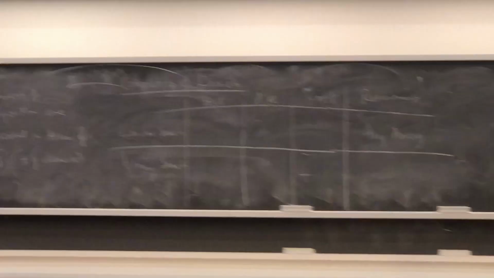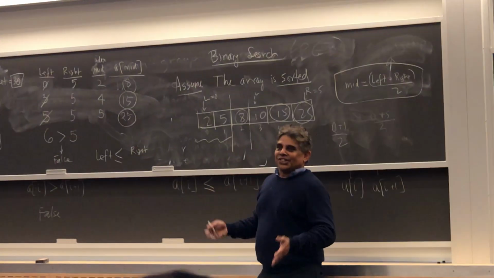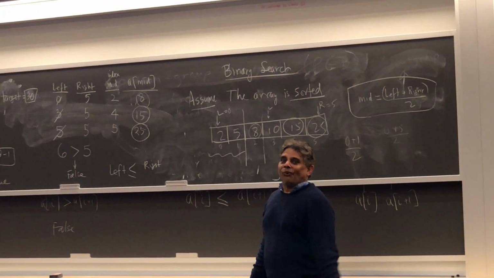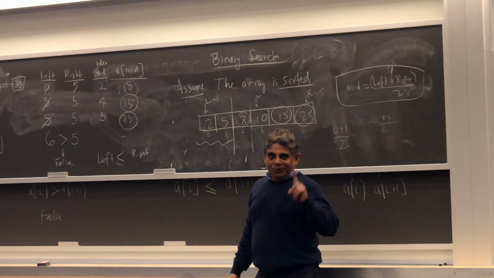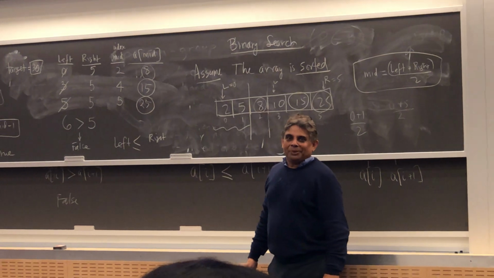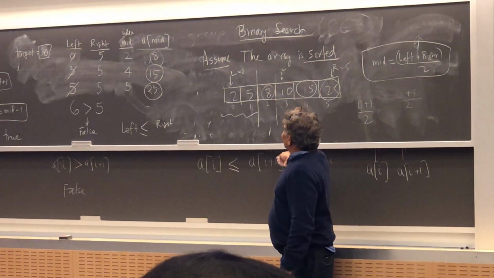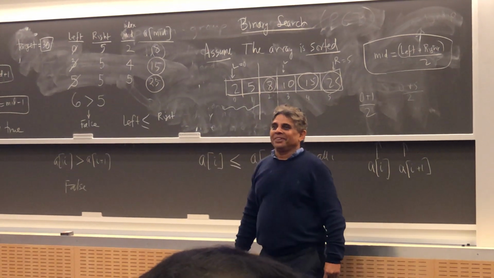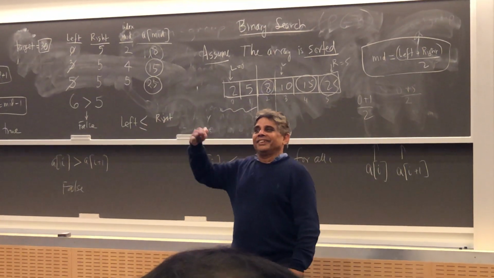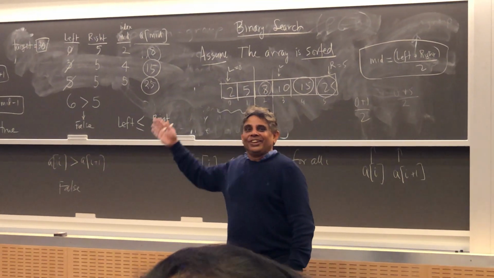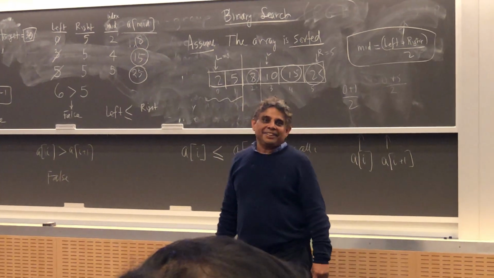So suppose I have a sorted array, like this, and I'm doing linear search. I'm looking for 4. When do I stop? As soon as I hit 8, I stop. Why would I bother searching beyond? Because I know anything else is more than 8.